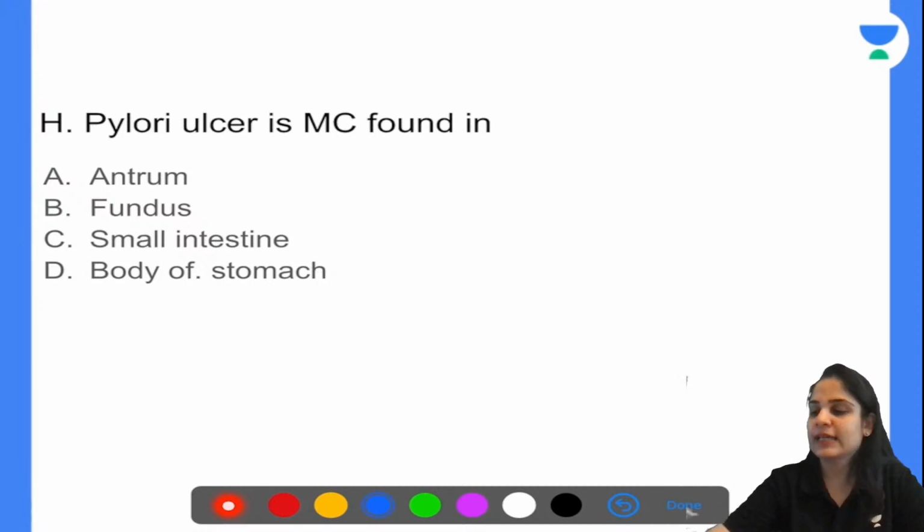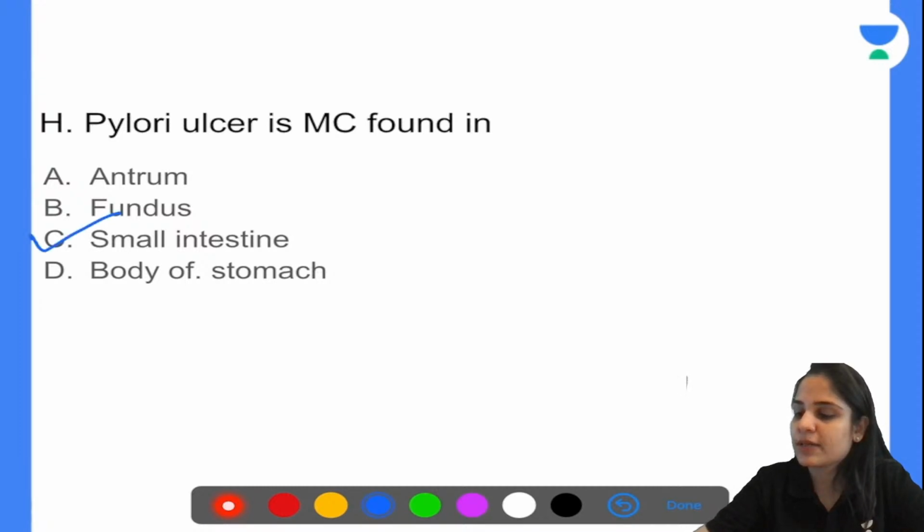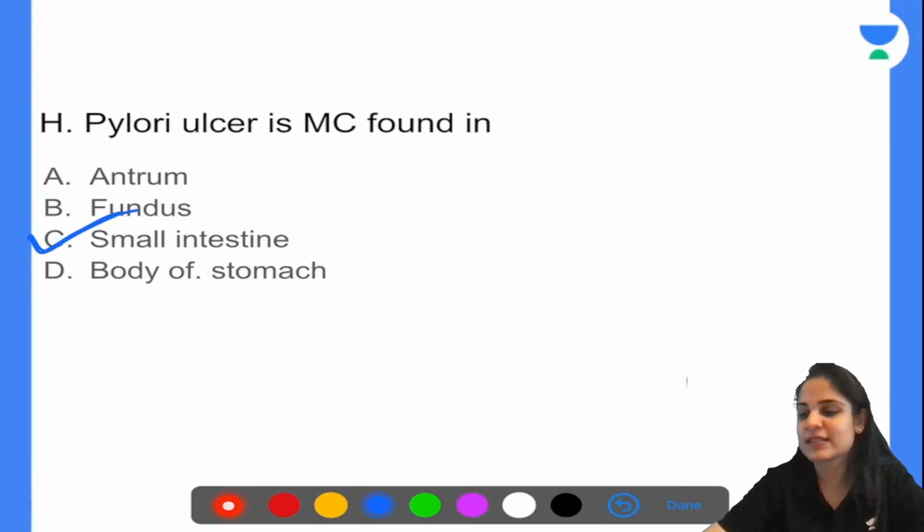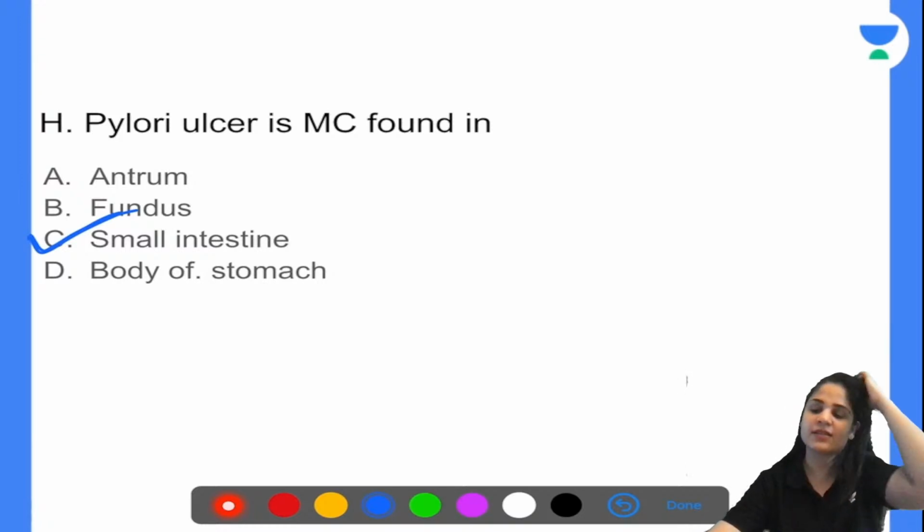H. pylori ulcer is most commonly found in the small intestine. That is the answer. I just divided the stomach into different parts to confuse you guys, but only one student answered that correctly. H. pylori ulcer is most commonly found in the small intestine only. It is not in the fundus of the stomach, it is not in the antrum of the stomach. It is in the small intestine.